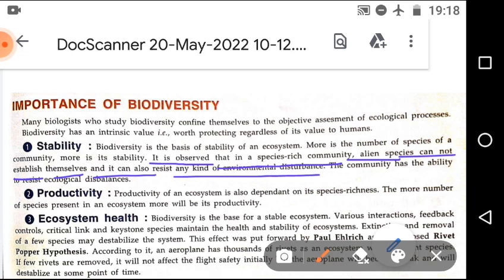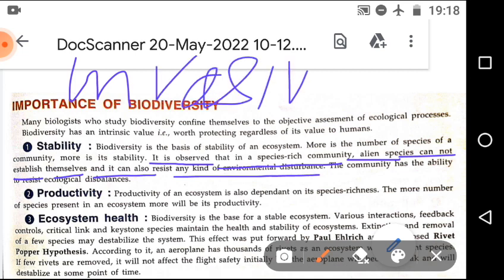That means if there is more number of species, if the species richness is too high, then the outer species, that is the alien species, also called invasive species, cannot interfere in that community, and also cannot resist any kind of environmental disturbance.